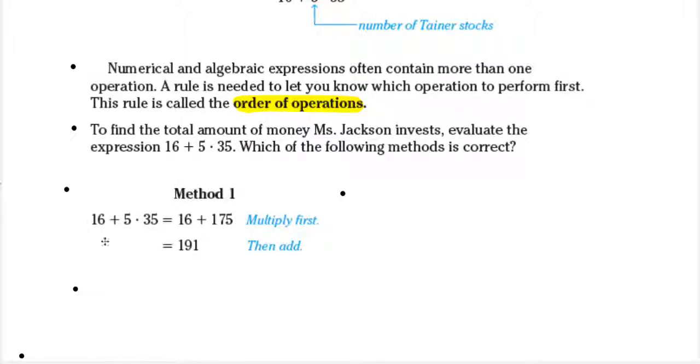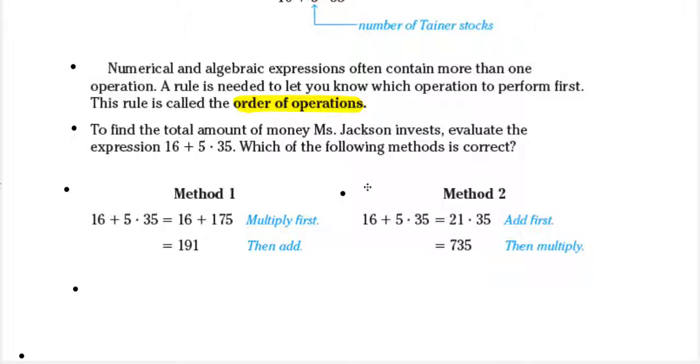In method 1, you multiply first, 5 times 35, and add 16, which becomes 191. In method 2, they added first, 16 plus 5 is 21, multiplied by 35 gives you 735.